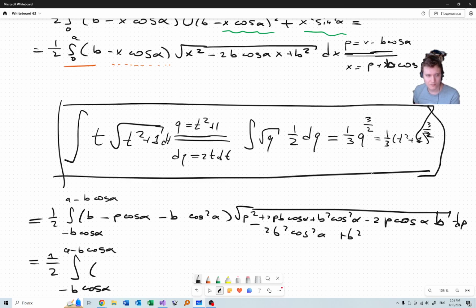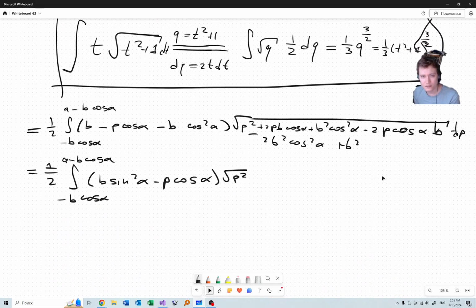Okay, here we have b sine squared alpha minus p cosine alpha times the square root of what? P squared, and then this almost annihilates this, and we get plus b squared sine squared alpha.